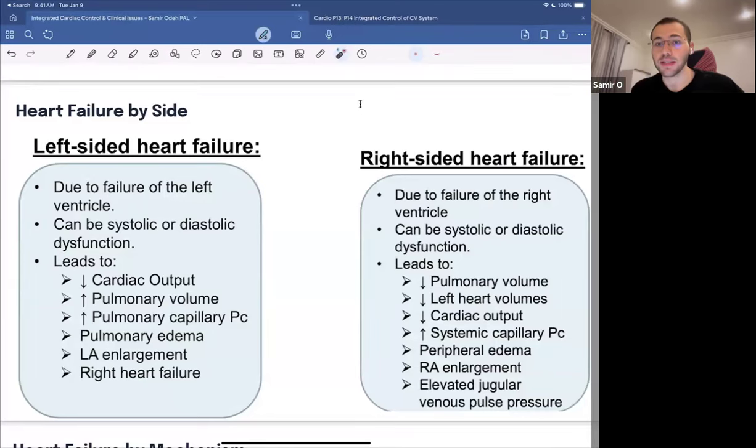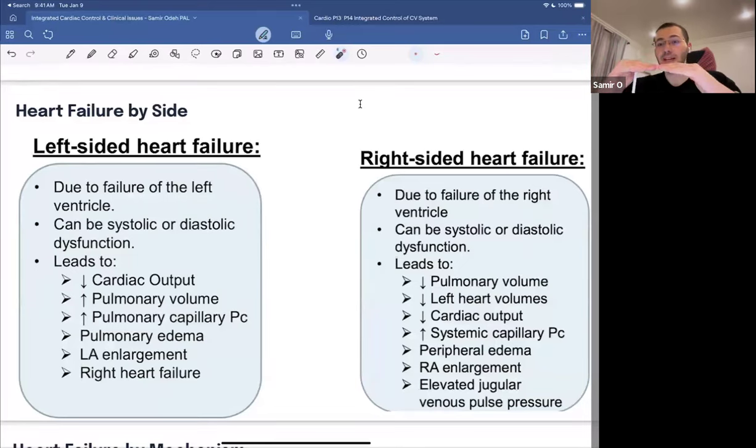Okay, can you please repeat the ECG part? Sure. Because you have non-compliant ventricles in right or left-sided heart failure, the blood is pooling behind the point of failure. If the ventricle is closed off, it's going to pool in the atria. The atria are going to become dilated and enlarged.